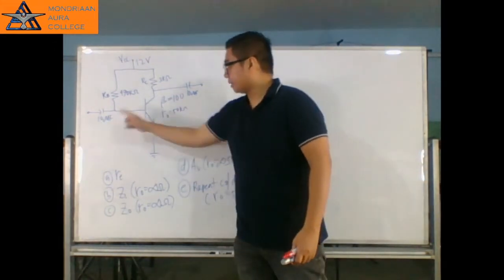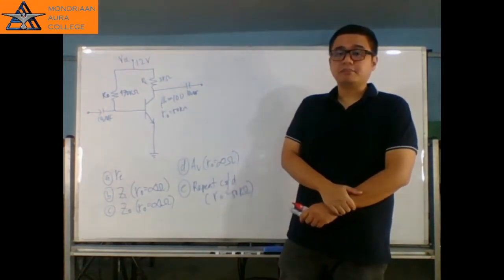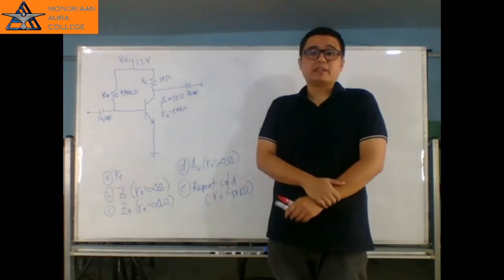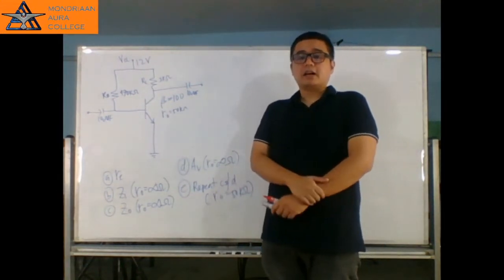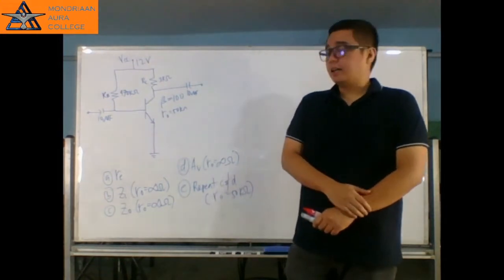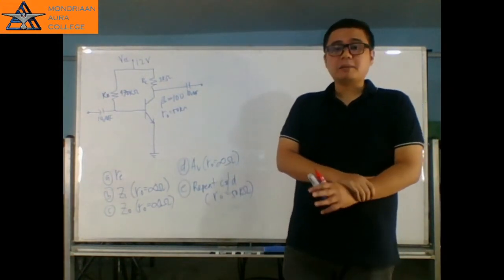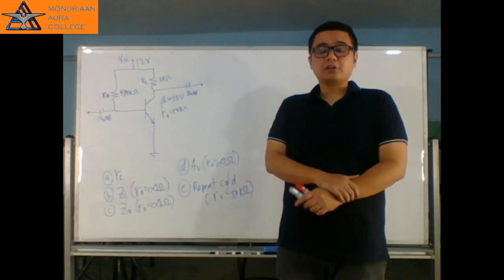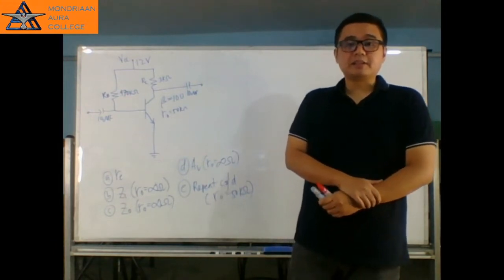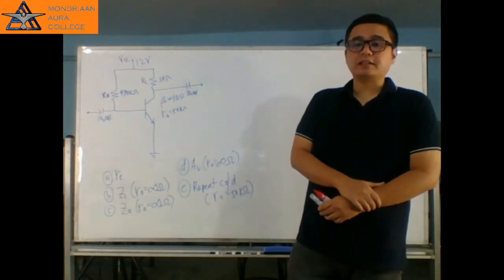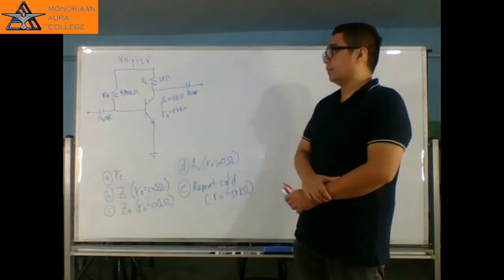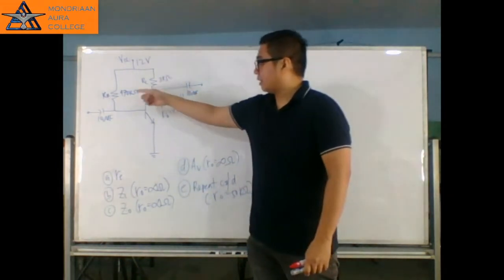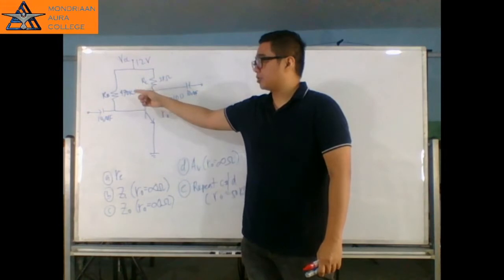Meron tayong input at output coupling capacitors na 10 microfarads each. But as I've said before sa ating previous lecture, yung mga value nito, hindi lang basta hinuhulaan yan. Kinukompute natin yan, depende sa driven impedance. So darating din tayo sa part na yan. So we have 470 kilo ohm resistor for RB.